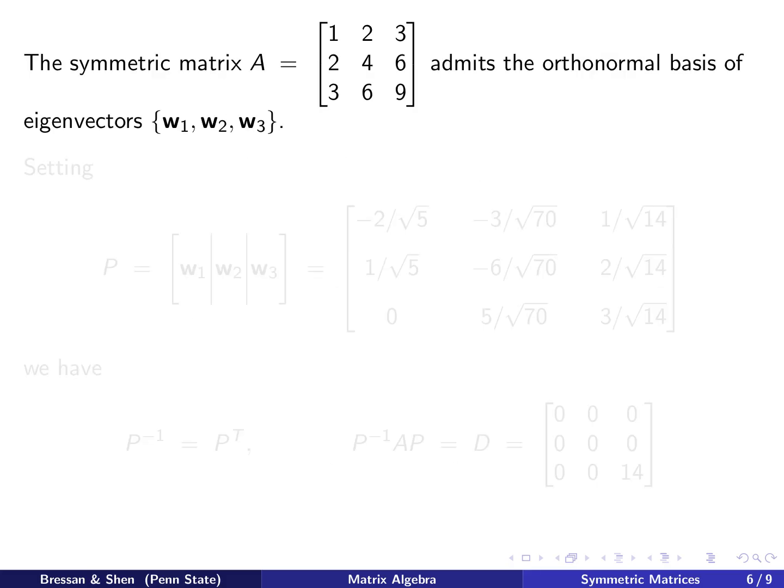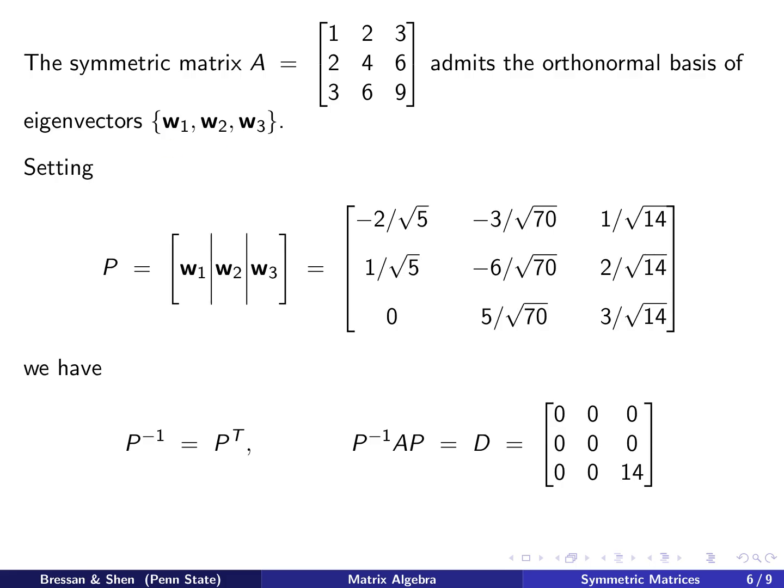So let's summarize what we have shown so far. We have shown that the symmetric matrix A, the matrix we started with, admits the following orthonormal basis of eigenvectors: these W1, W2, W3 that we constructed.